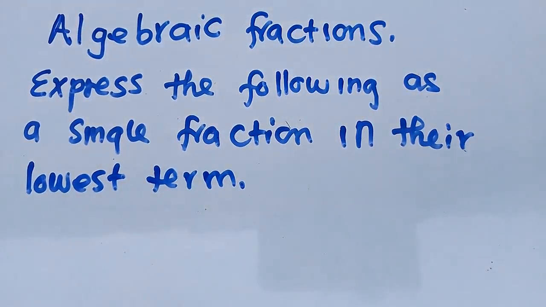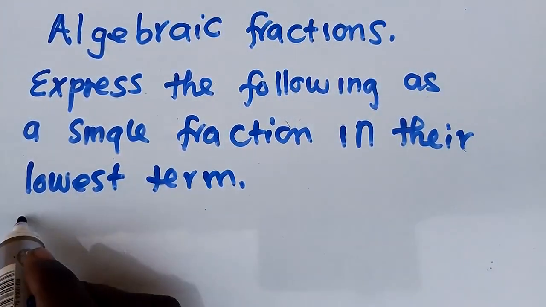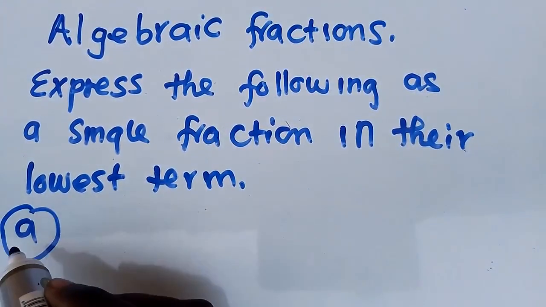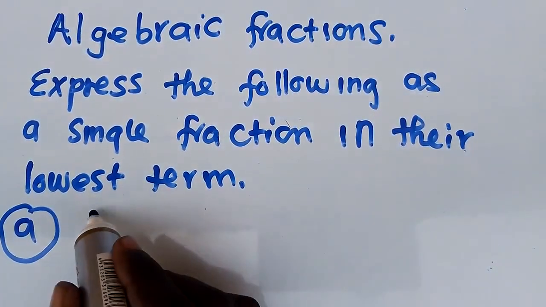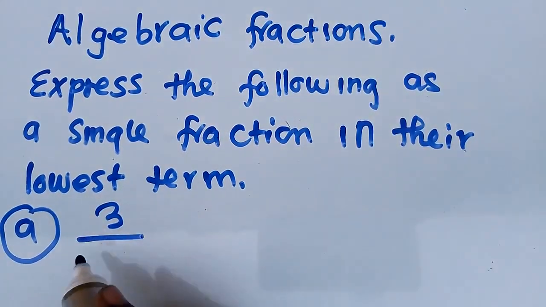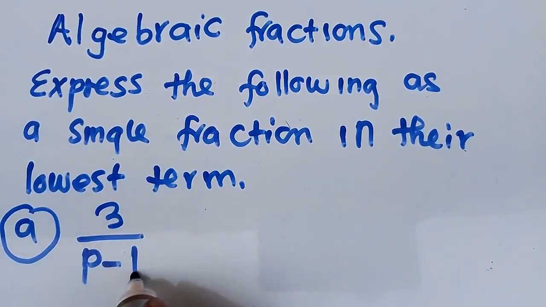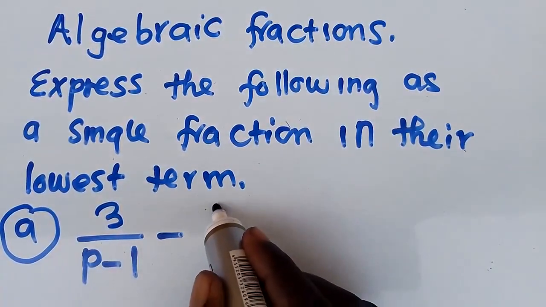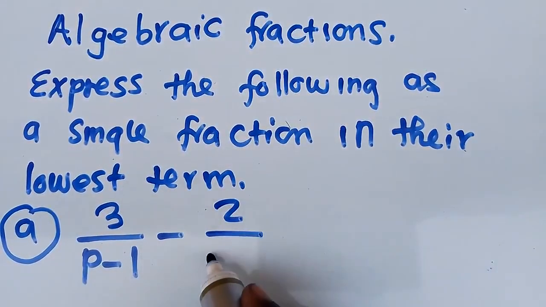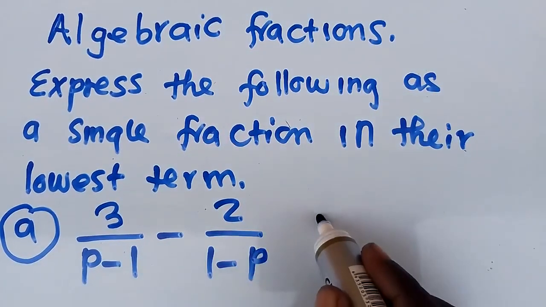So what is the first one? The first one is where you are given 3 over p minus 1, minus 2 over 1 minus p.